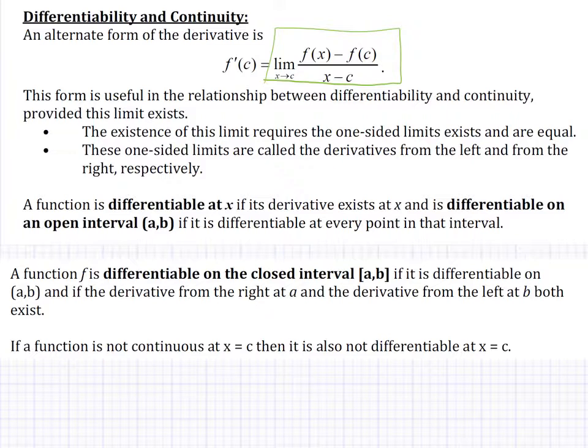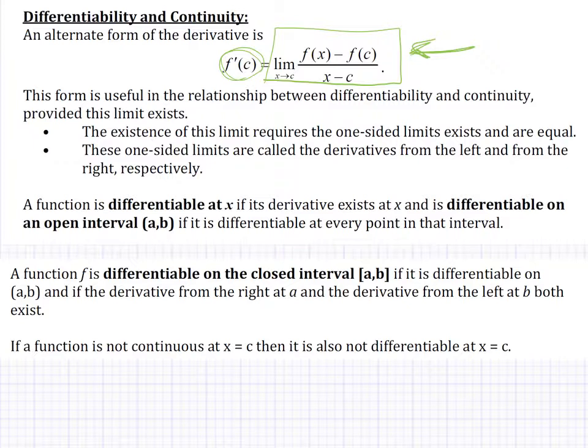If I want to find the derivative of a function at a particular location c, you could use this alternate definition.